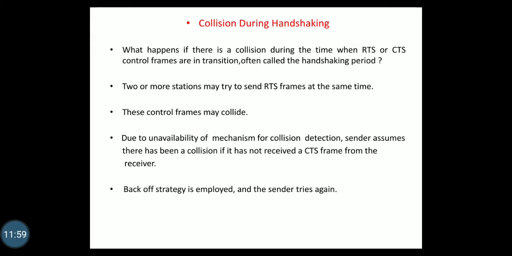Two or more stations may try to send RTS frames at the same time. These control frames may collide. However, as there is no mechanism for collision detection, the sender assumes there has been a collision if it has not received a CTS frame from the receiver. Then the backoff strategy is employed and the sender tries again.